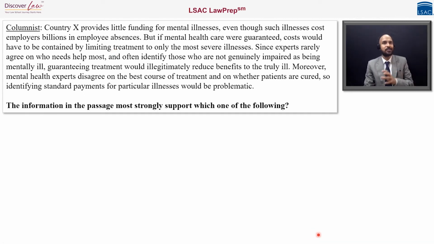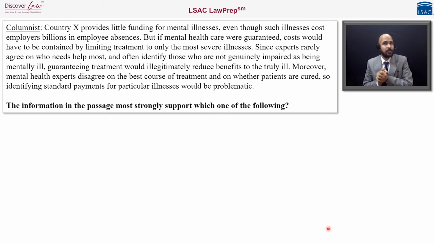So let us direct our attention to the passage. Now what you see here is something which is akin to an argument that is made by the columnist, okay? Now when you're looking for structure in an argument, it's a good starting point to identify what the conclusion is. This is a piece of text wherein identifying the conclusion is not very simple, because you do not see a word like thus, therefore, to conclude, clearly, or something like that, which very clearly indicates what the conclusion is.